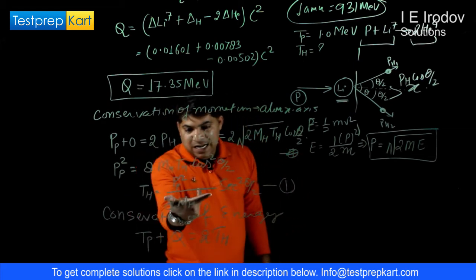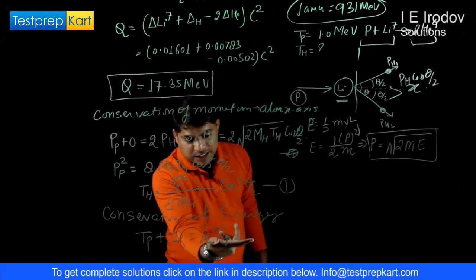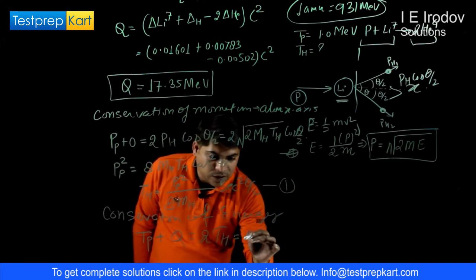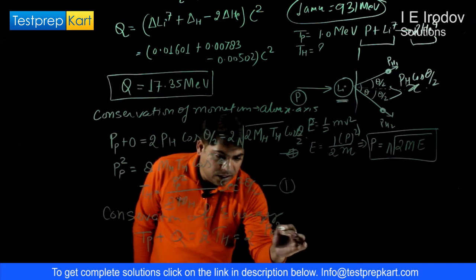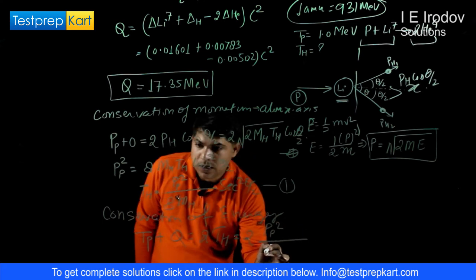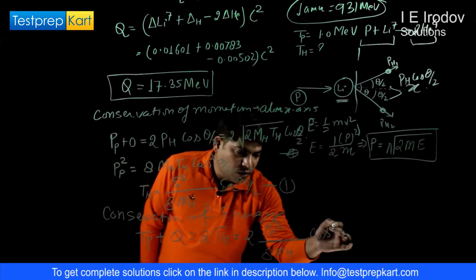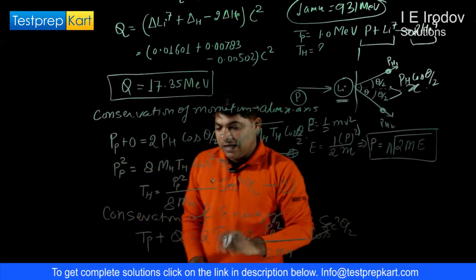Now we can replace this value of pH in this expression, so we may get this as 2 times PP square upon 8 mH into sec square theta by 2.